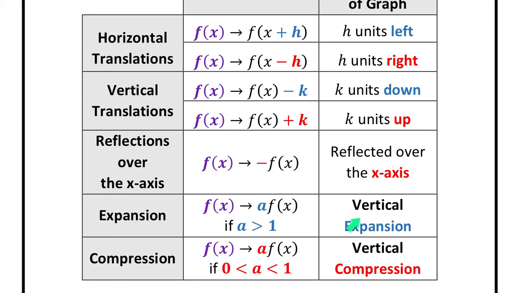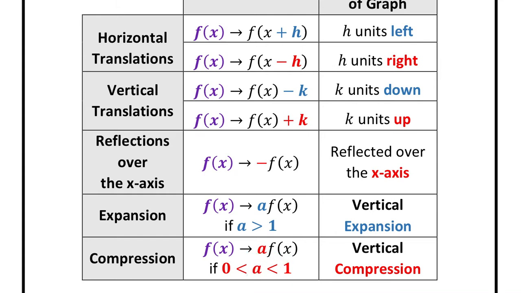Notice that there's only vertical, there's no horizontal in this case. So vertical expansion happens when you multiply the function by a number that's bigger than 1, and vertical compression, it gets smaller if you multiply the function by some sort of fraction.